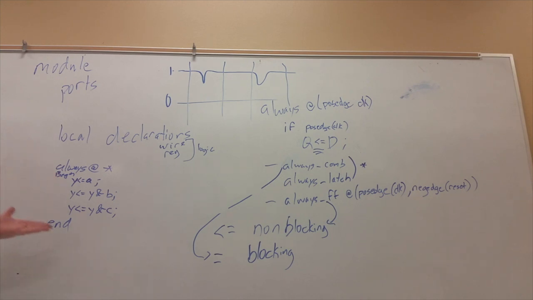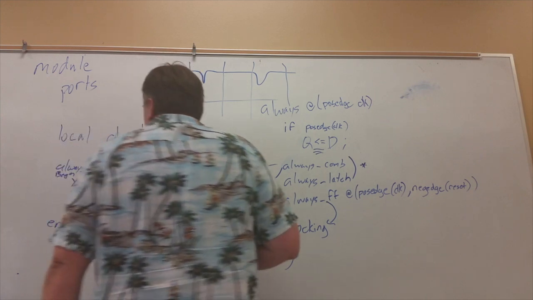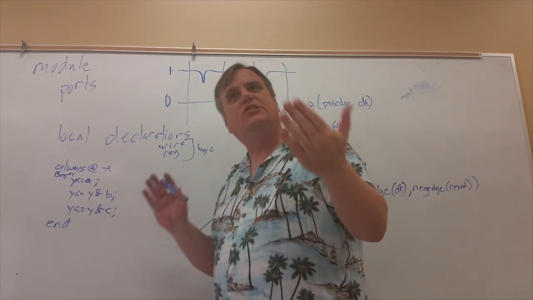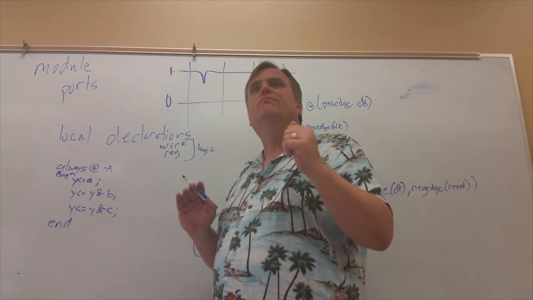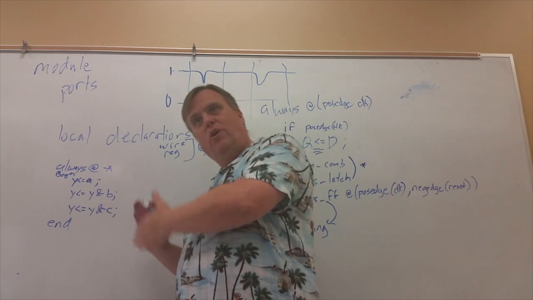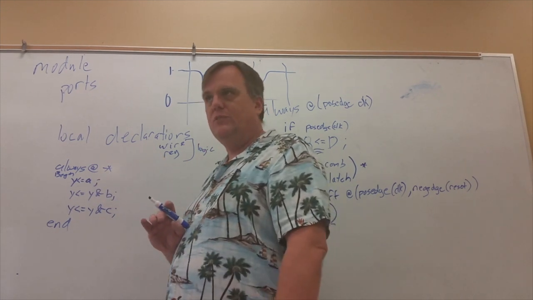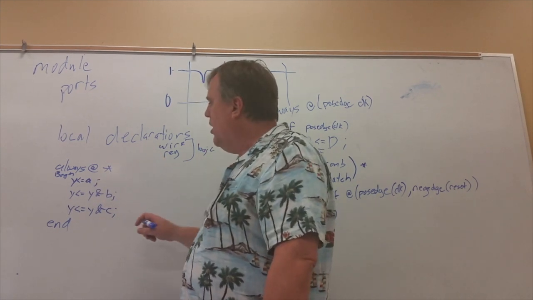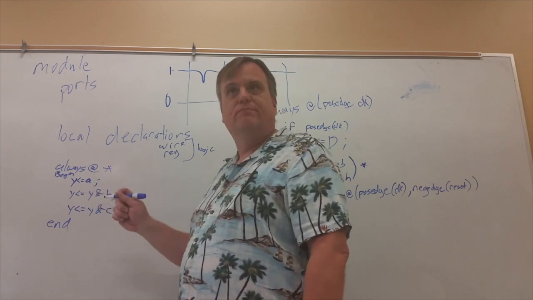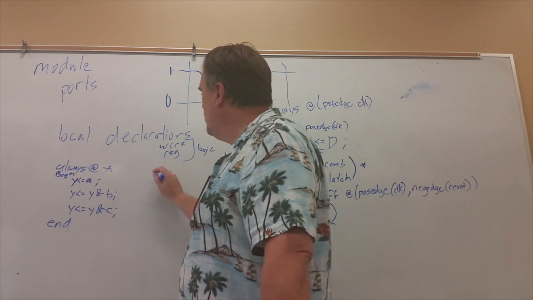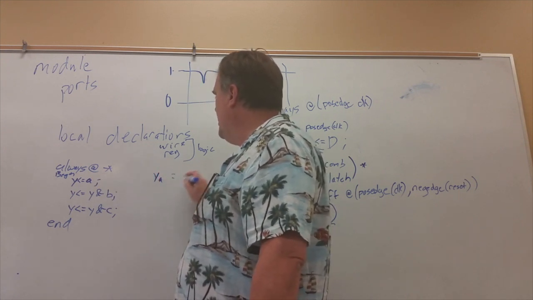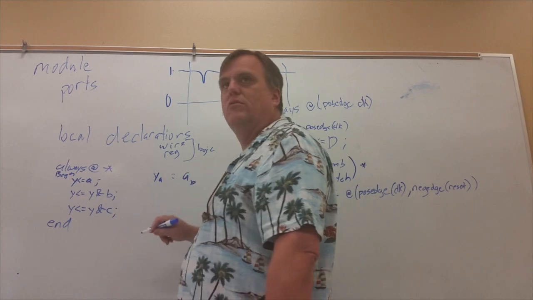So what does this actually mean inside of Verilog? It creates time zones, or time regions within it. And there's a before and an after, right? And so I've got a Y before and a Y after that's going in here. So the first one says that Y after is equal to A before.